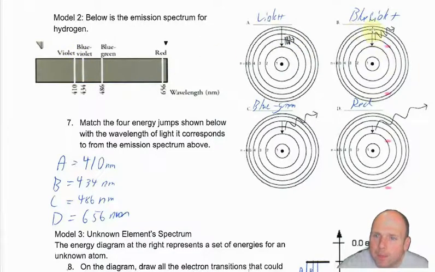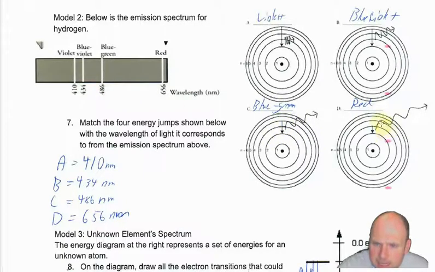Drop B is a 1, 2, 3 drop. And so it's going to be a little bit less energetic. It's not 4, it's only 3. So that's going to be the next one, blue-violet. C is from 4 down to 2. So that's going to come away with even less energy. So that's going to be our blue-green wave, 486.